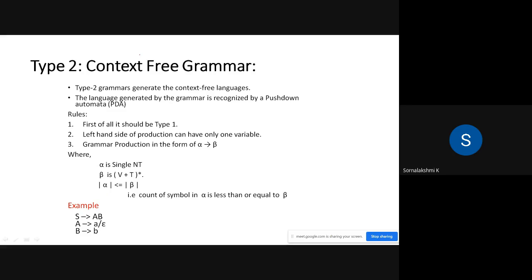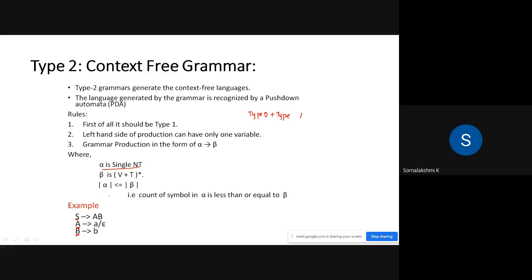Okay, so the rule, again, it is type 0 plus type 1, and the next rule is that alpha is a single non-terminal. You always see a single non-terminal over here, so that is mandatory.